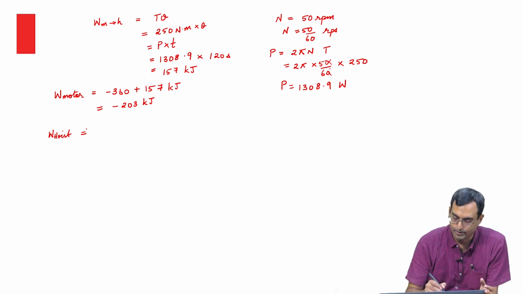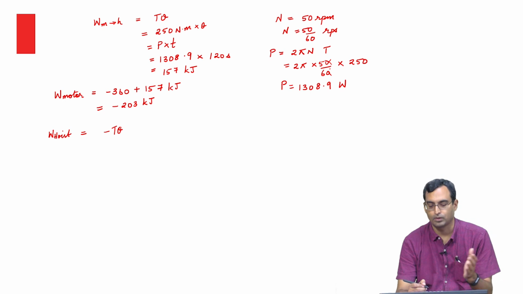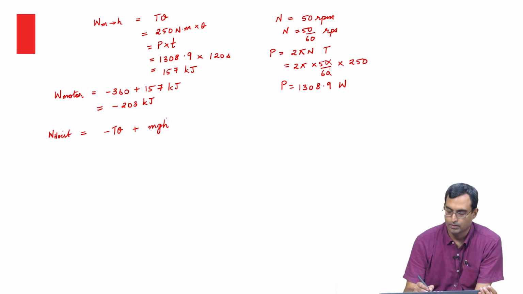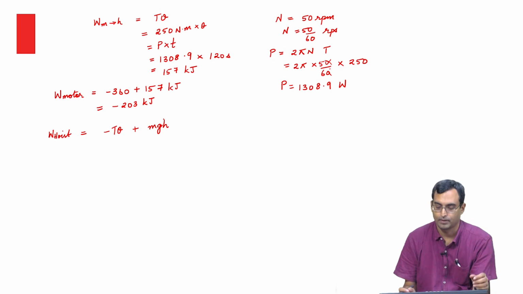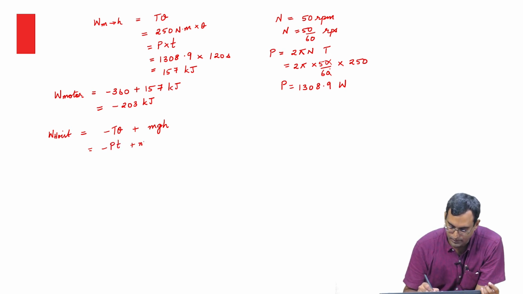We have just calculated that here. So, we would have minus T theta, which is the work done by the motor on the hoist, and we have plus mgh, which is the work done by the hoist in lifting up the mass. So, this is minus power times time plus mgh.